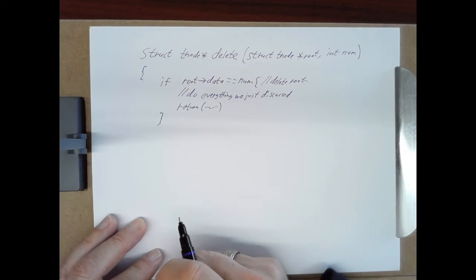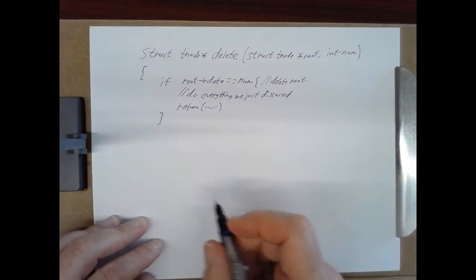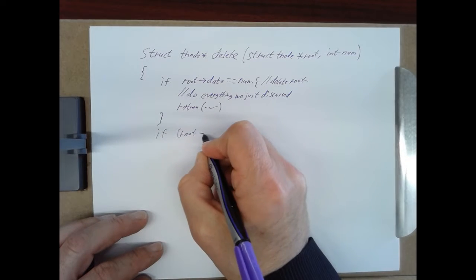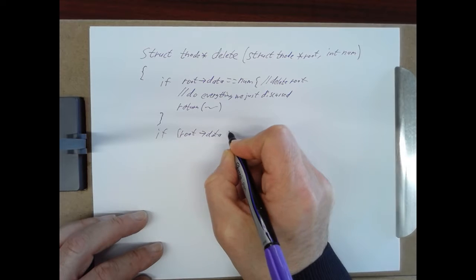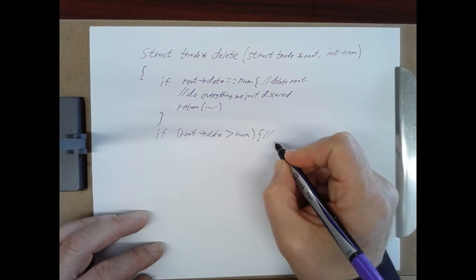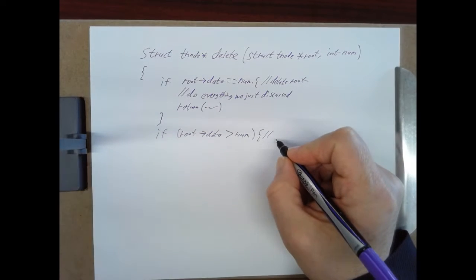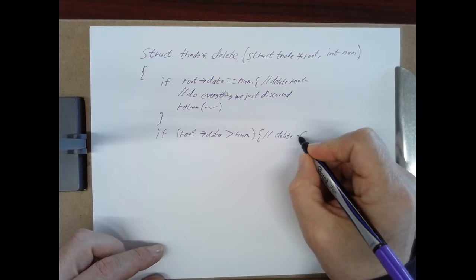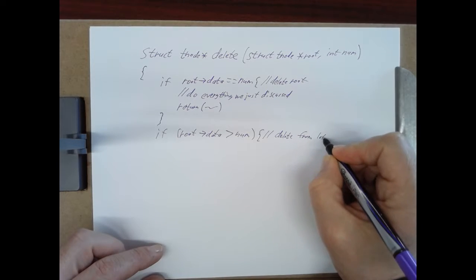Okay, otherwise, we're not deleting the root, so we have a pair of cases. If root data is bigger than num, so the number's smaller than the root, so it's somewhere in the left subtree. So delete from left subtree.